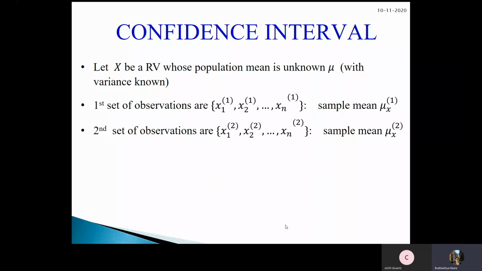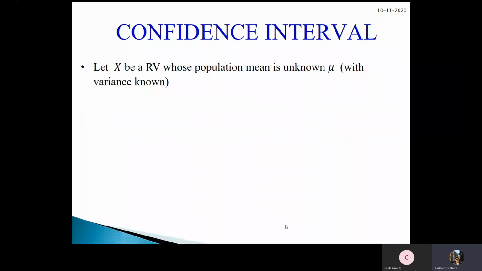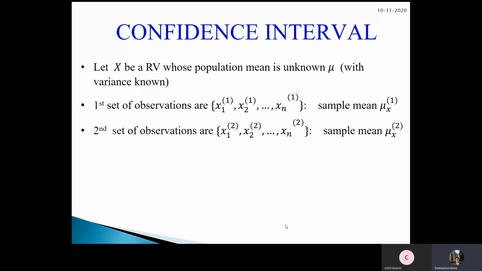So if we perform IID sampling, let us say we perform random sampling. Random sampling means we sample n values, and n can be very large, from the random variable. Let's say we are making n observations. So the first set of observations x1 to xn will be x1 of 1, x2 of 1, x3 of 1, x4 of 1, up to xn of 1.